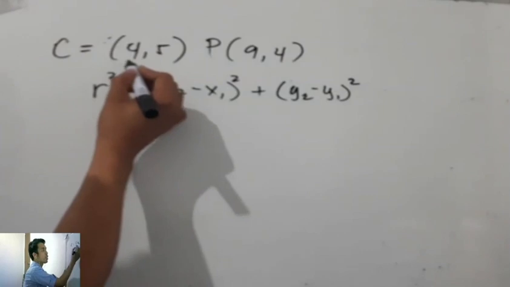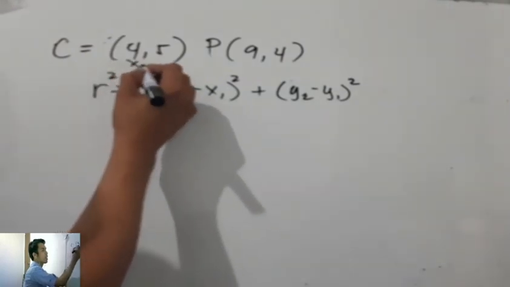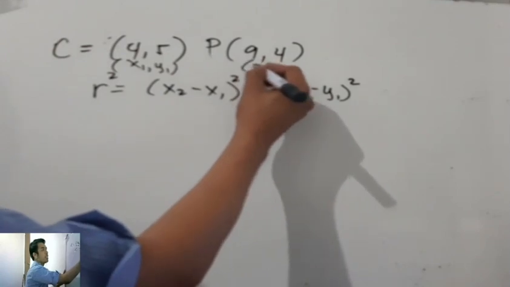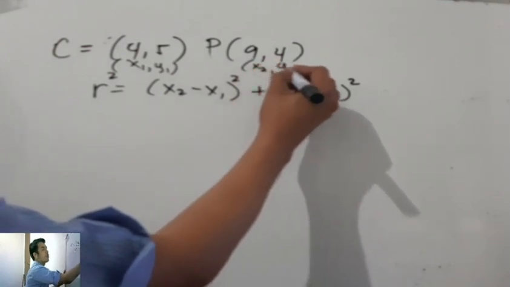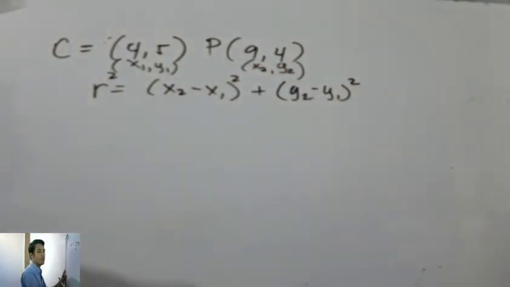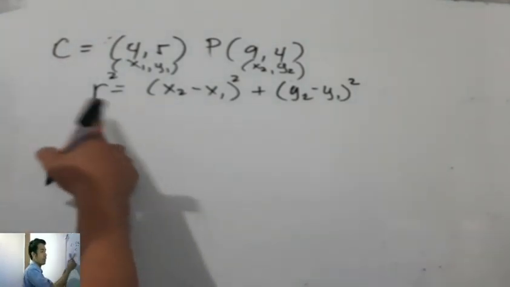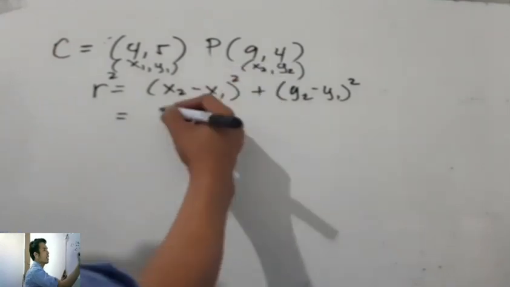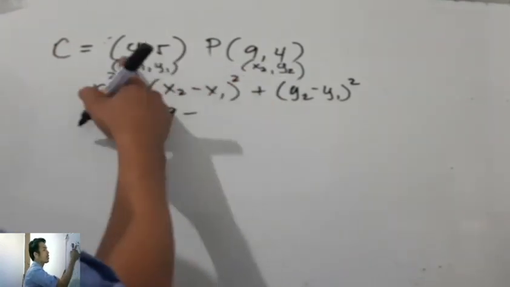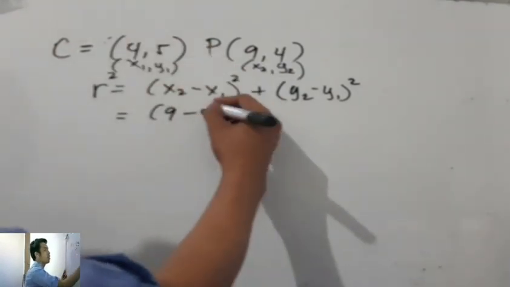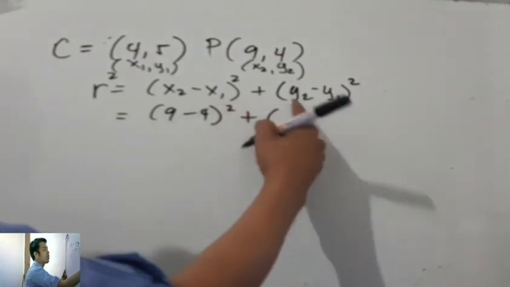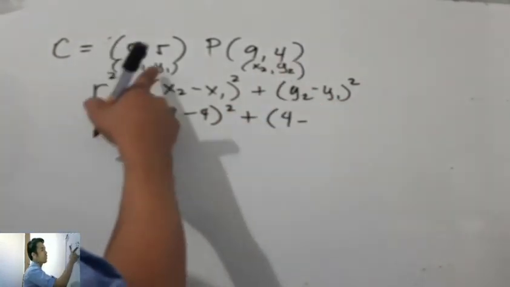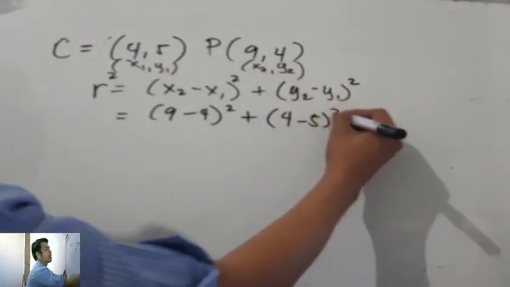So our center is the point x sub 1, y sub 1, and point P is x sub 2, y sub 2. So we're going to substitute to find the value of r. We have x sub 2 is 9, minus x sub 1 which is 4, squared, plus the quantity of y sub 2 which is 4, minus y sub 1 which is 5, squared.